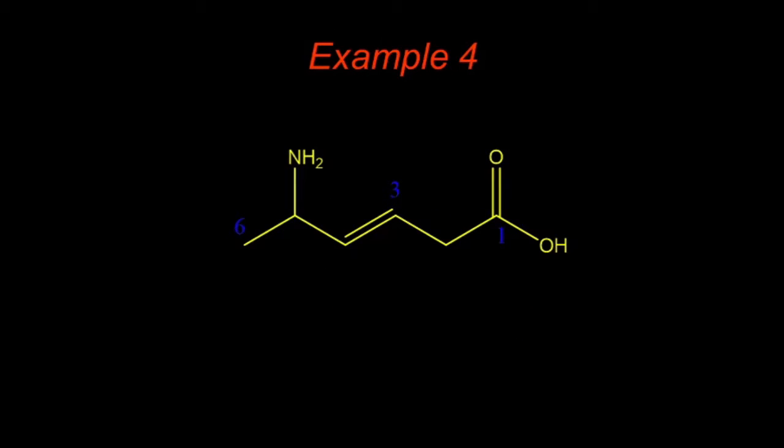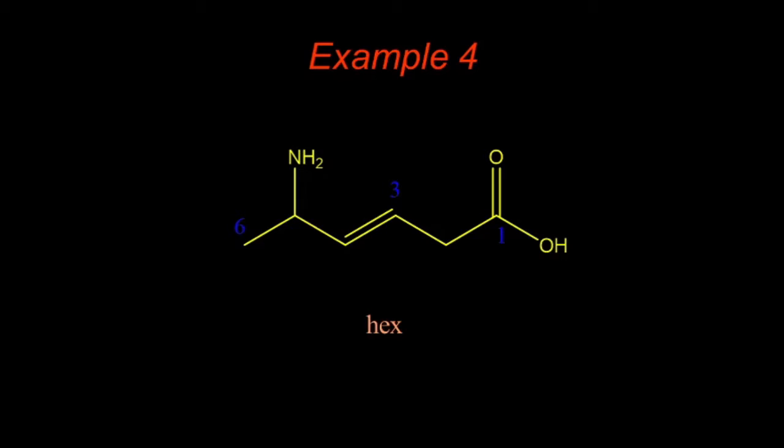When a carboxylic acid contains a primary amine NH2 group, we indicate its presence by the prefix amino. So let's start from the beginning. Main chain: 1, 2, 3, 4, 5, 6 carbon atoms, so it is hex.